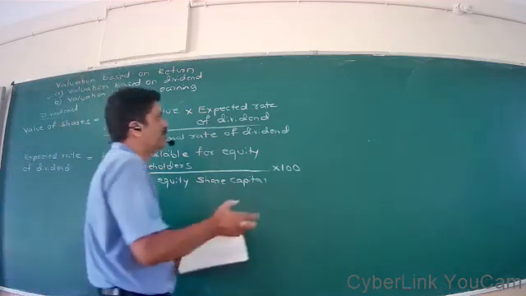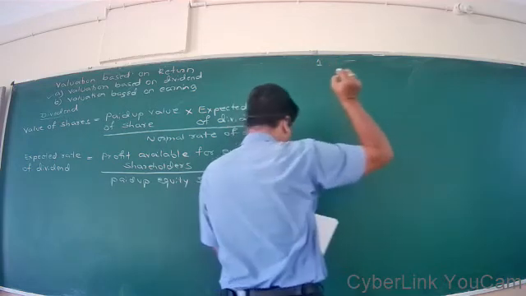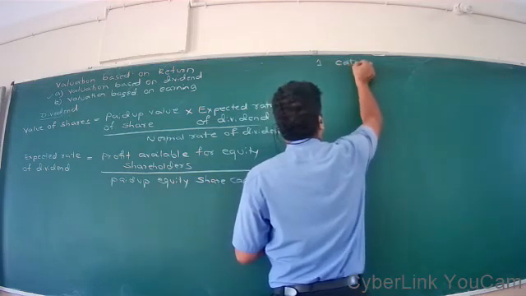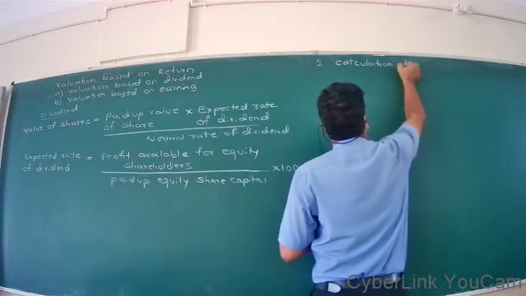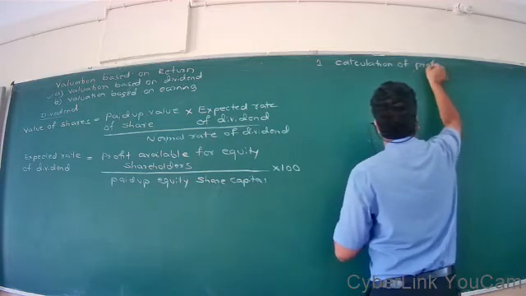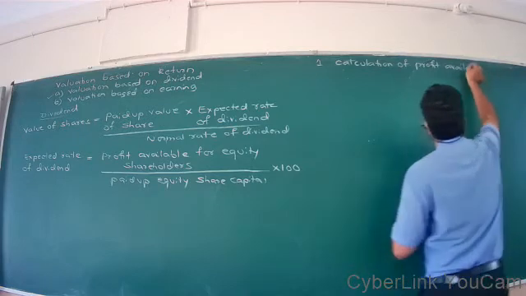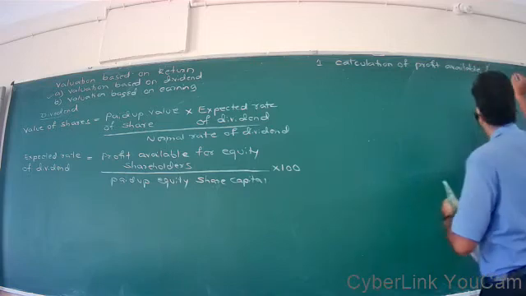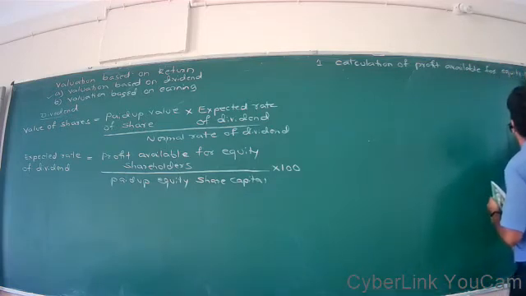So the first step is the calculation of profit available for equity shareholders.